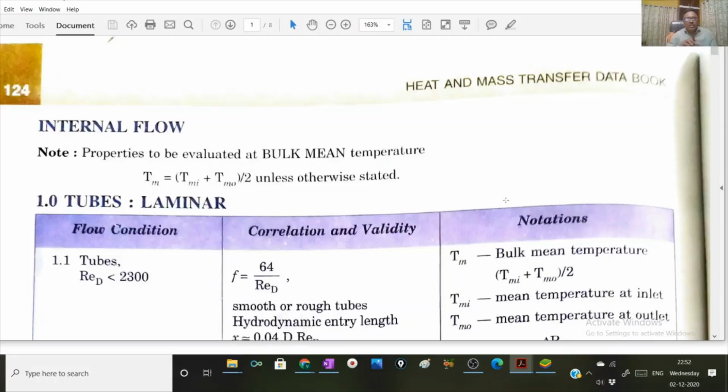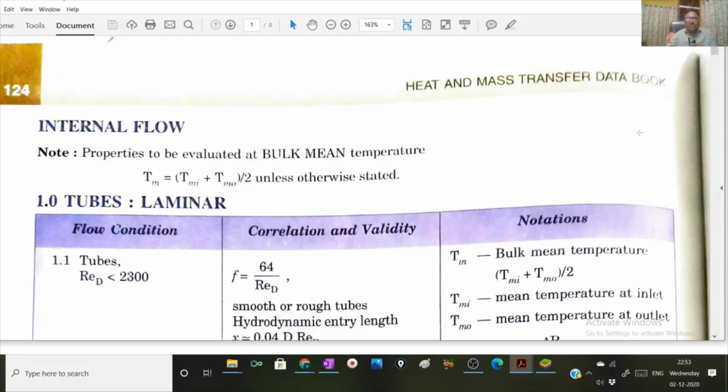So for that, what are the constraints we have? The very first constraint is it is laminar flow. Then we have assumed fully developed flow, and then we have constant heat flux boundary condition.